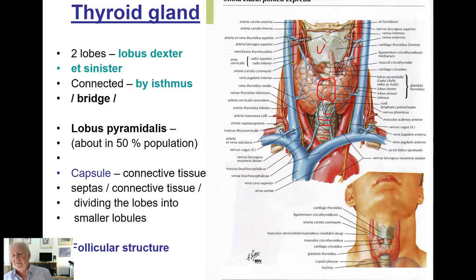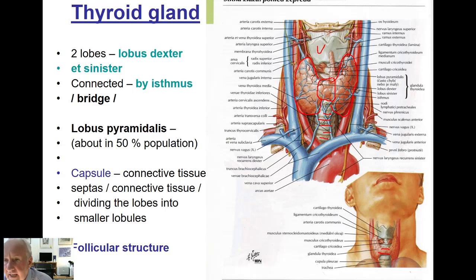The isthmus is on the level of the first or second ring of the trachea, and you see this nice lobus dexter, the right lobe, and perfectly the left lobe, lobus sinister of the thyroid gland.